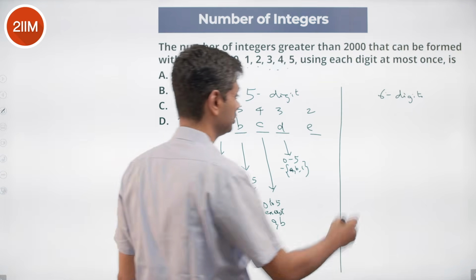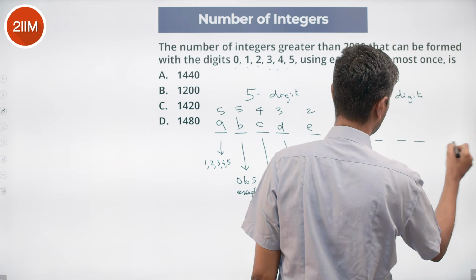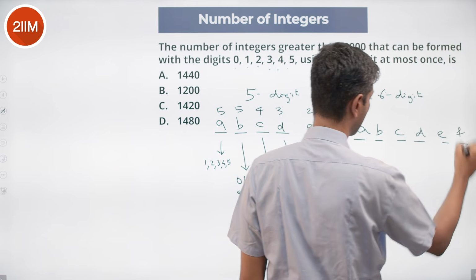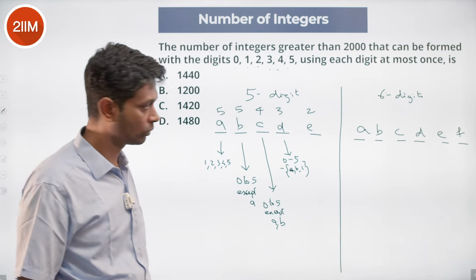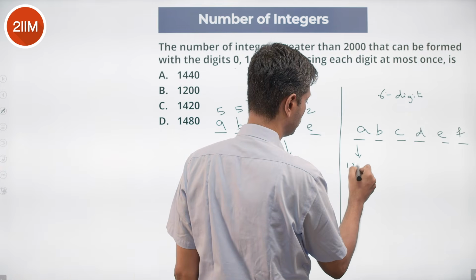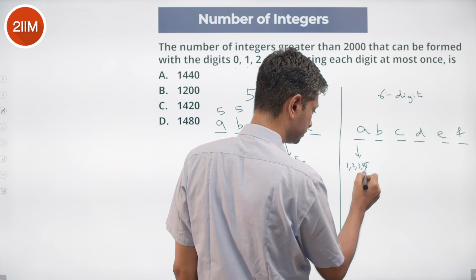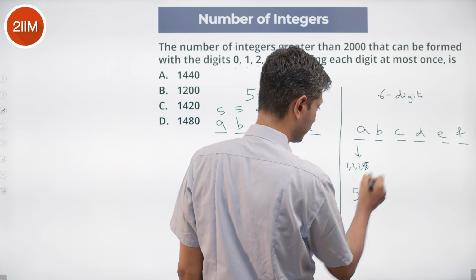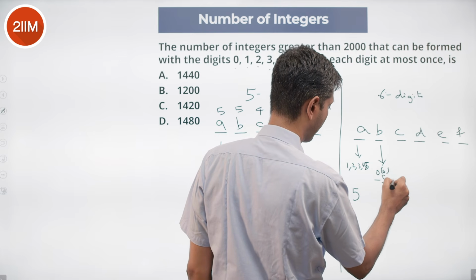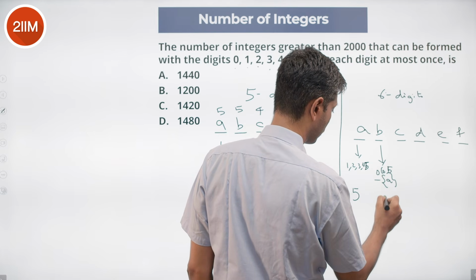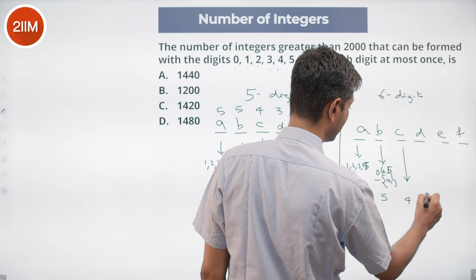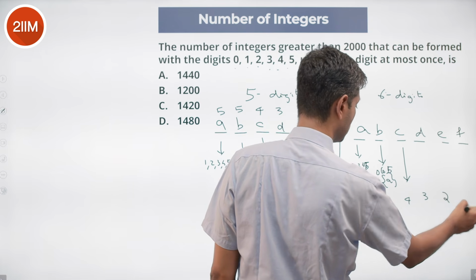Let's move to 6-digit numbers. A, B, C, D, E, F. A has again 5 options: 1, 2, 3, 4, 5. B would be 0 to 5 minus A, 5 options. 0 to 5 minus A and B, 4 options. 3 options. 2 options. 1 option.